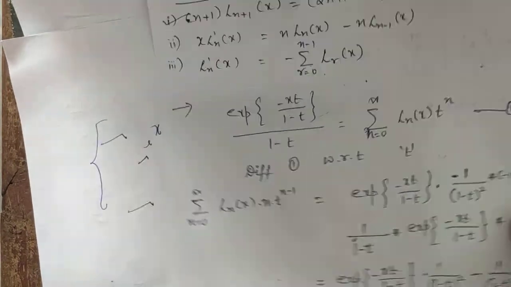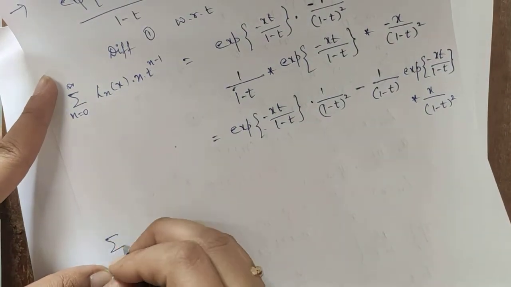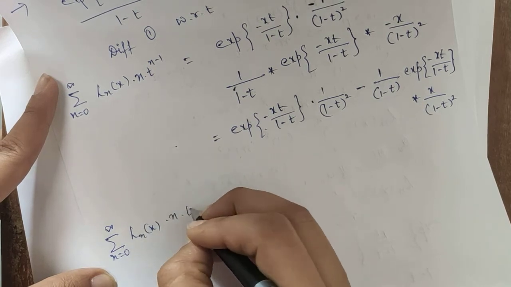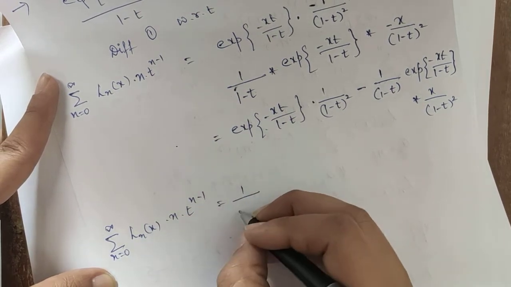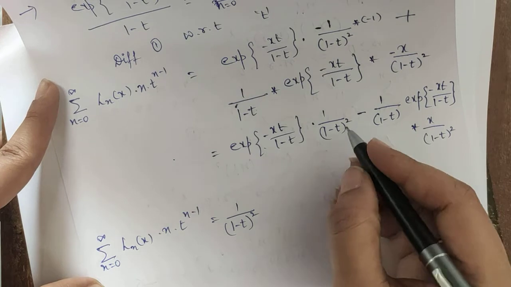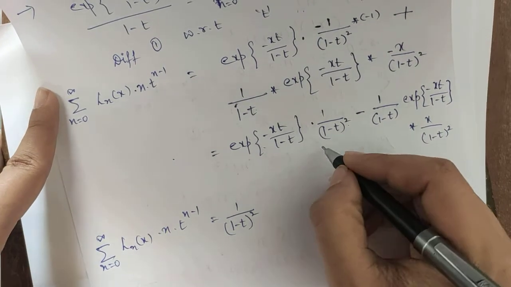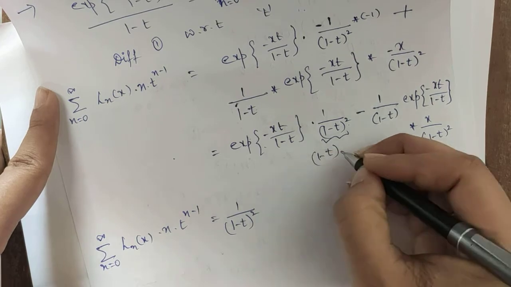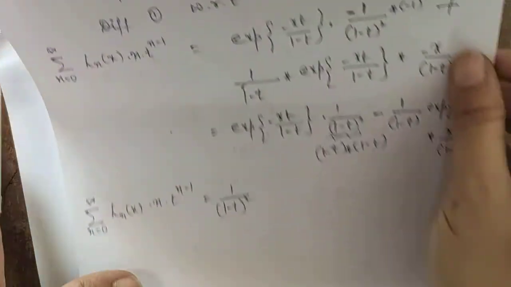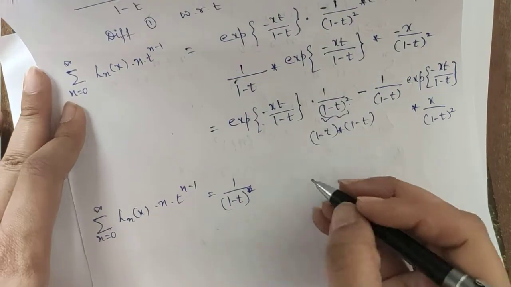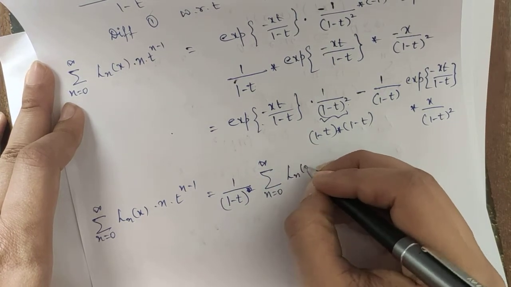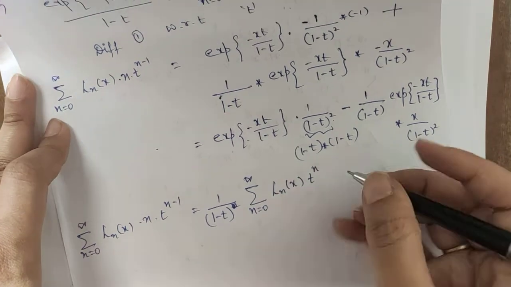So using equation 1 we can write this as summation n equals 0 to infinity L_n of x into n into t power n minus 1 is equal to 1 by 1 minus t whole square. I can split 1 minus t whole square as 1 minus t into 1 minus t. According to this I can write this as 1 over 1 minus t into summation n equals 0 to infinity L_n of x into t power n.